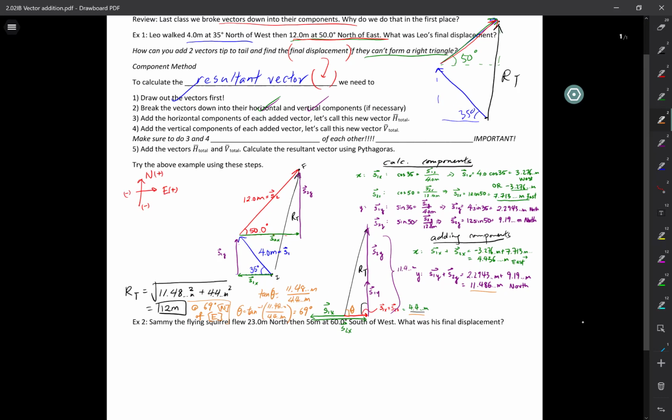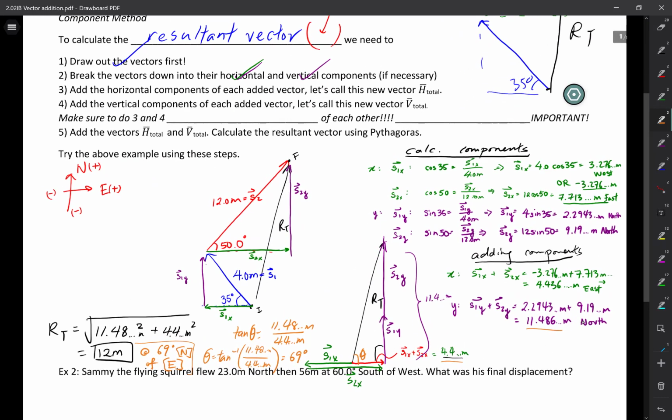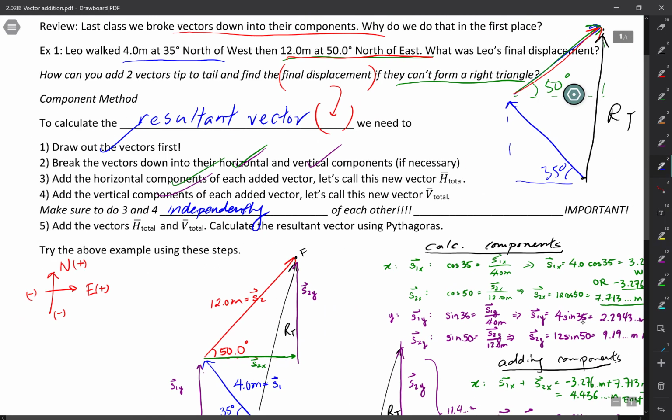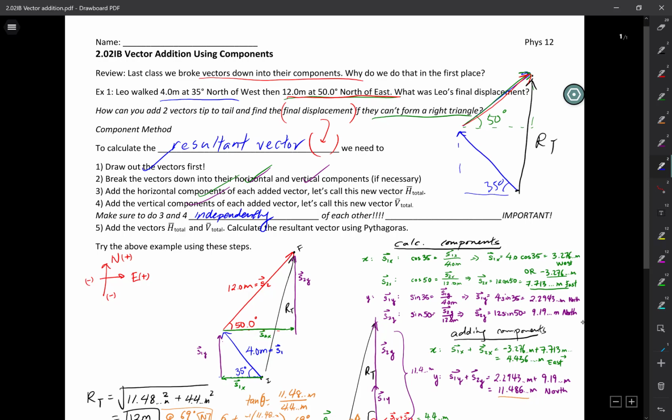Now this is a very long example, and notice that this is very important. When we were adding the horizontal components and adding the vertical components, we were doing these independently of each other, which means I did not add my x components with my y components. They stayed separate in the addition process, not until the end when we looked at triangles, which is when we put them together.